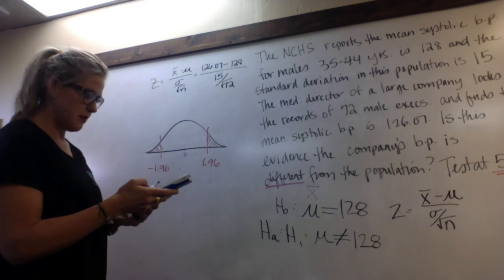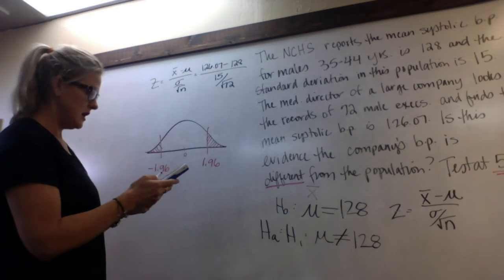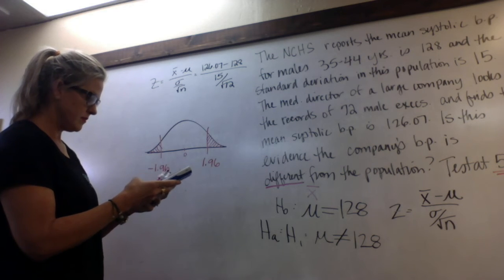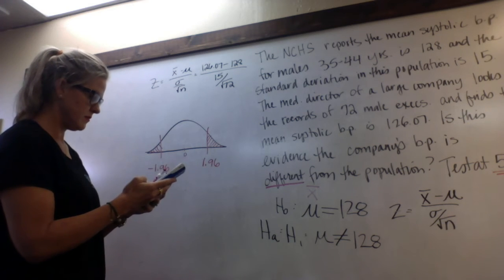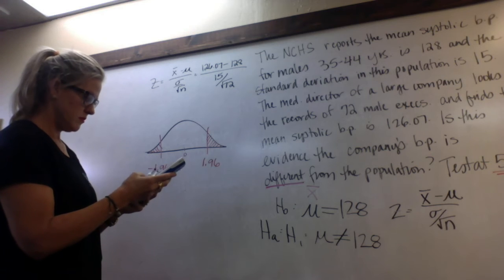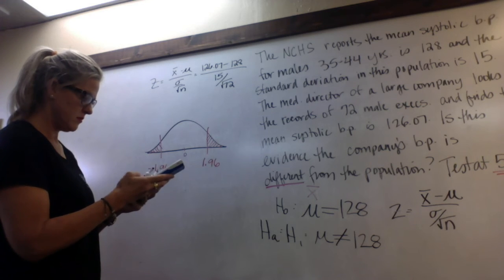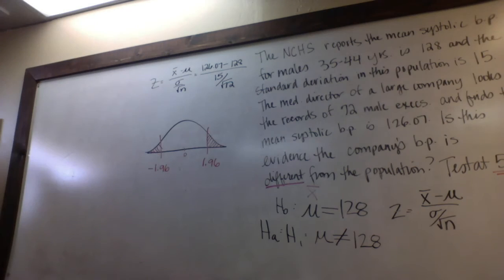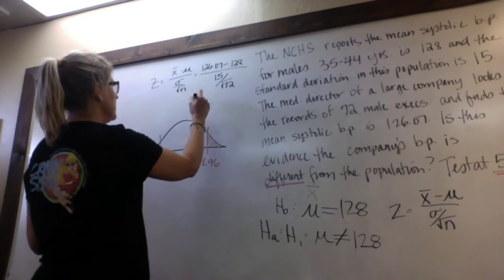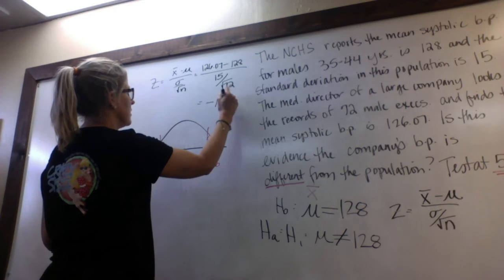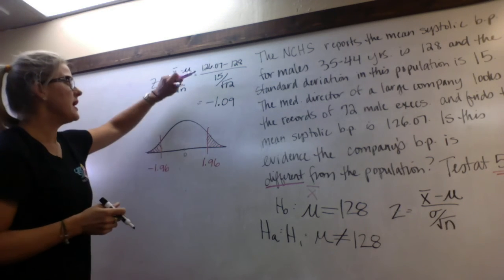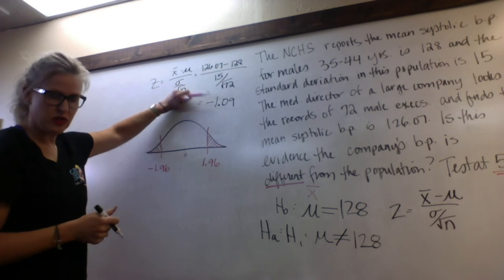So I crunch those numbers really quick and very carefully, and I get a z value of negative 1.09. This is my calculated value.